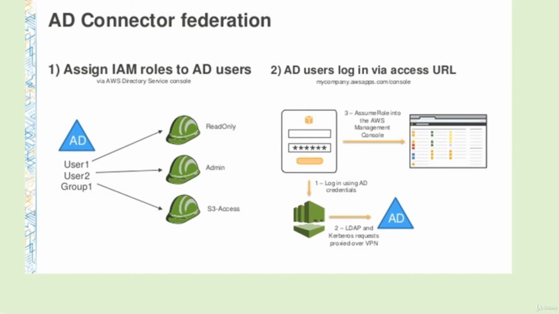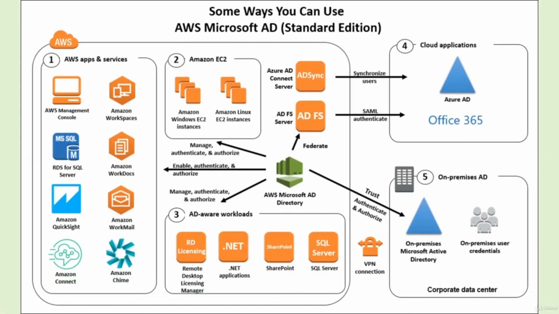You could also set permissions like allowing different roles for different AWS services like S3, Lambda, API Gateway, or things like that. Then AD users log in via an access URL for SSL login authentication with AD credentials. Then you have LDAP and Kerberos requests proxied over the VPN. So this was a simple scenario.